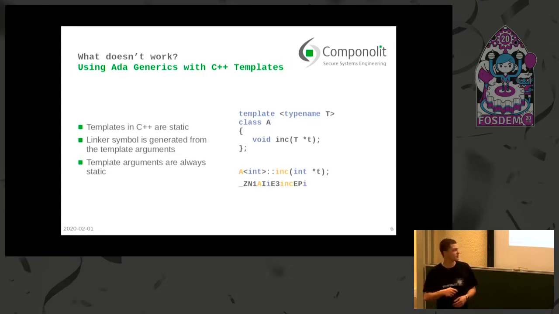So we instantiate this template with integer, and we have the name A, which maps to this name A in the symbol, and the integer matches to this E in the symbol. The function name matches to this name in the symbol, and the other integer matches to this I in the symbol. The things between are start and end points for the names. This is a C++ mangled symbol.